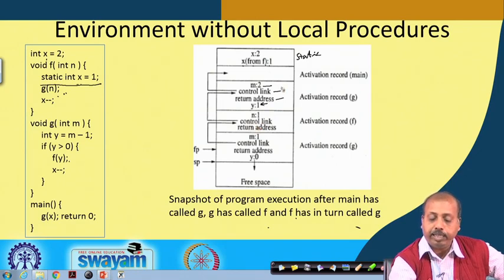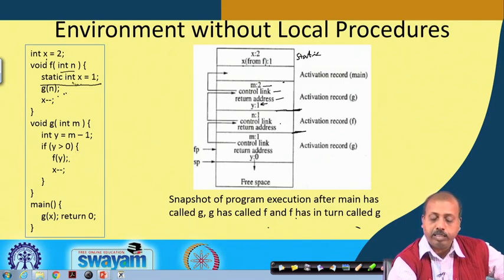Previously we had up to the main routine, then it had called g. Up to this much is created in the activation record, and now this f has been called. So, this activation record for f has been pushed, and in it we again have the parameter n. The value of n is equal to 1, because we have passed 1 there.